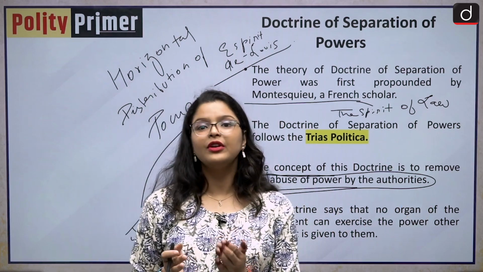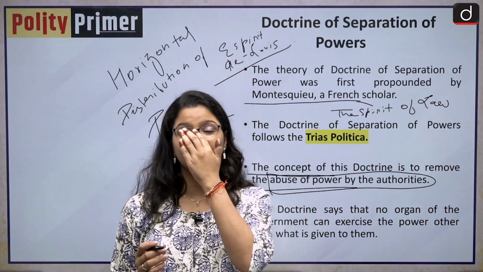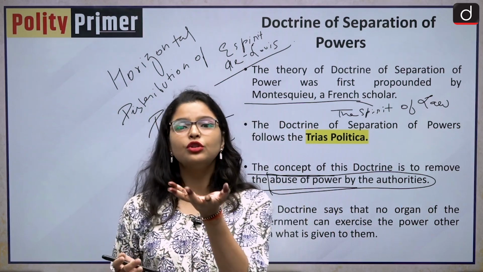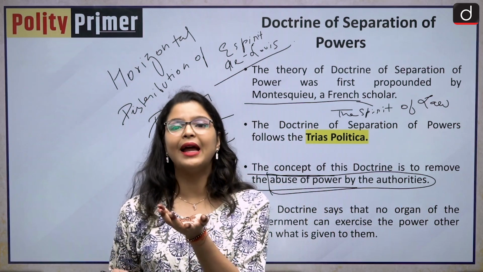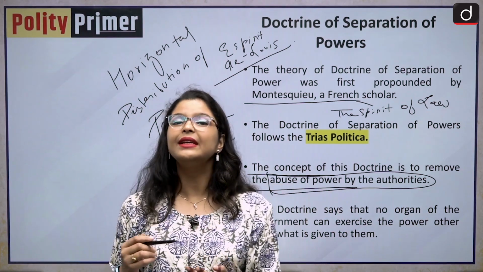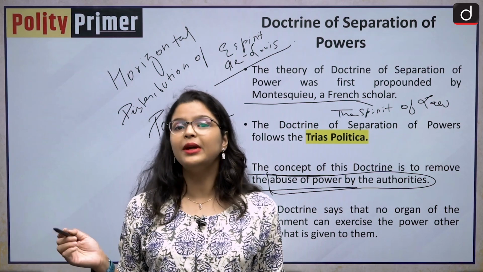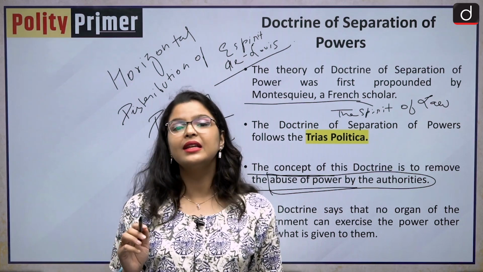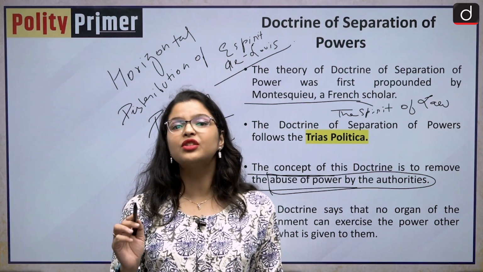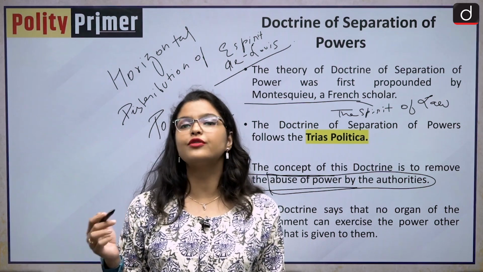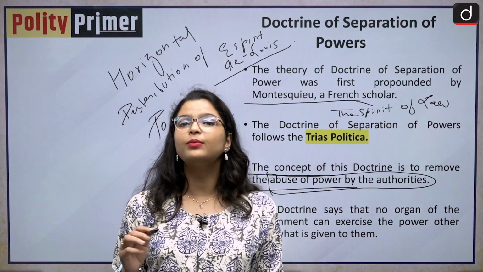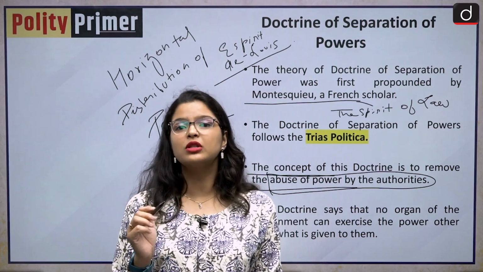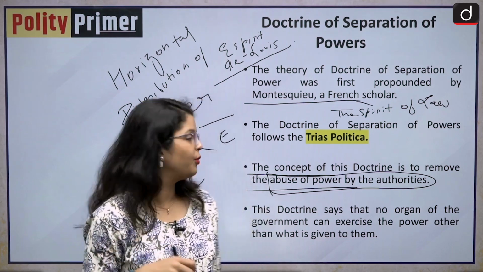We have studied in our political science book as well that power should not be concentrated in one hand. Why? Because it will lead to an autocratic form of government, which is not good for society, and that is why there is a strict need to implement the doctrine of separation of power so as to maintain checks and balances amongst the three organs of the government.